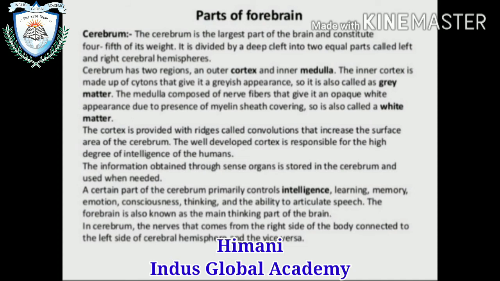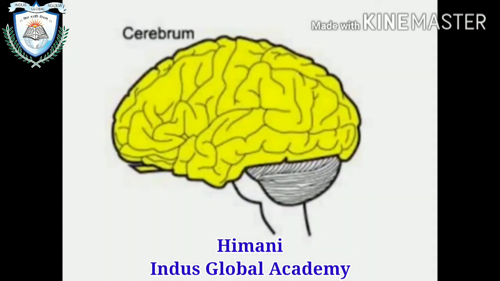A certain part of the cerebrum controls intelligence, learning, memory, emotions and consciousness. In the cerebrum, nerves that come from the right side of the body connect to the left side of the cerebrum and vice versa. So that yellowish portion is the cerebrum, the largest part of the brain.